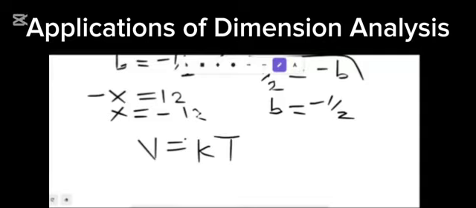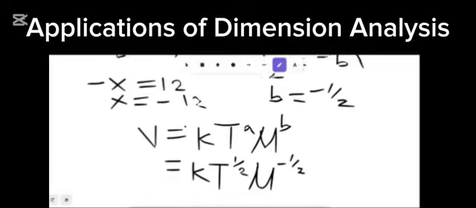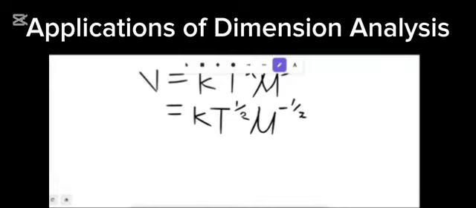So v equals k T to the power 1 all over 2 divided by mu, taking that mu down, the power is no longer negative, it is 1 all over 2. What does power 1 over 2 mean? That is square root. So combining them, it's square root of T divided by square root of mu.